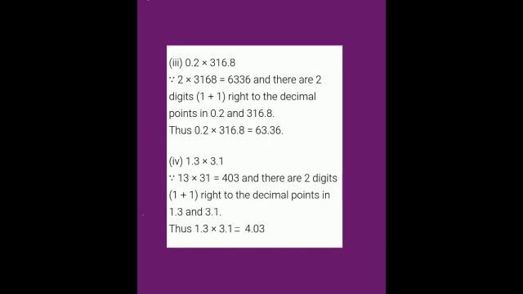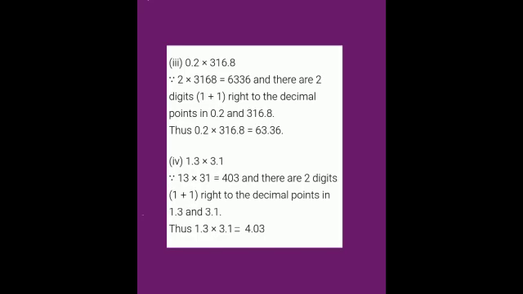Third subdivision 0.2 into 316.8. Now without any decimal points, 2 into 3168 is equal to 6336. Since there are totally two digits right to the decimal points in 0.2 and 316.8, so our answer also should consist of two digits right to the decimal point.